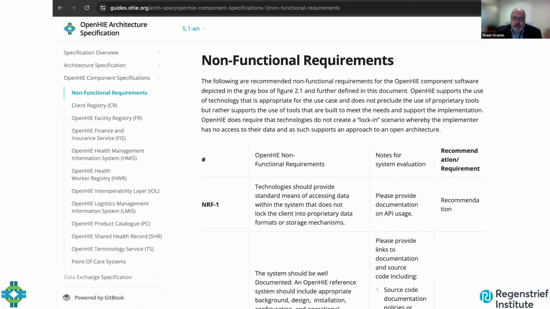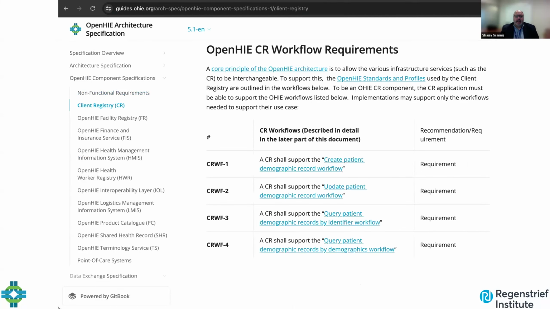guides.ohie.org. Now on to the client registry. First of all, we document within the client registry specification what workflows it should support. Okay, so workflows are typical information gathering and sharing patterns within healthcare.